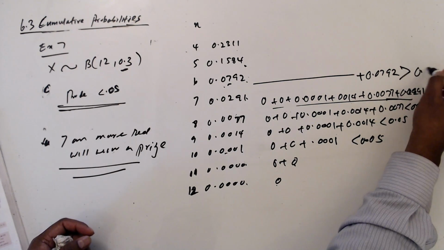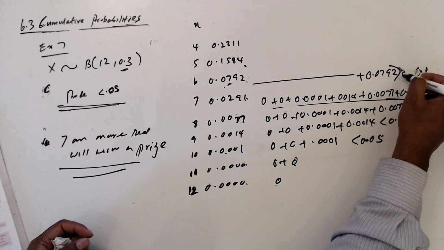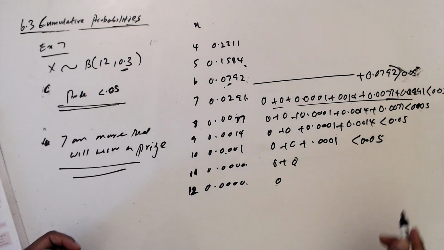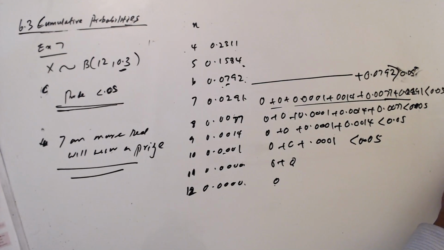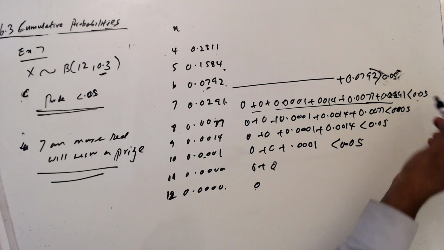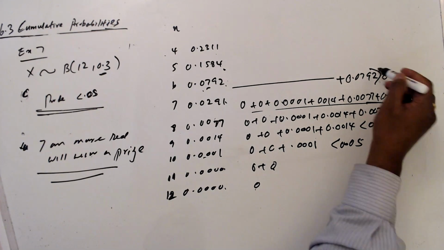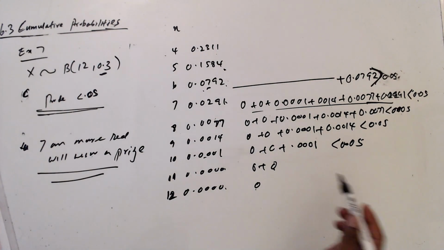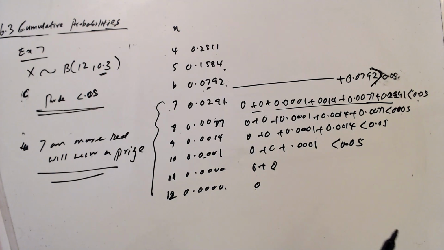So this is going to be greater than 0.05. So this is the cutoff point. So this is less than, and yes, this is greater than. So then we have to tell them, 7 or more. If you get 7 or more reds, then you will win.